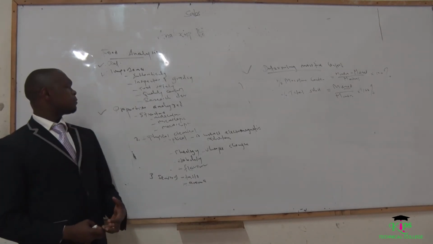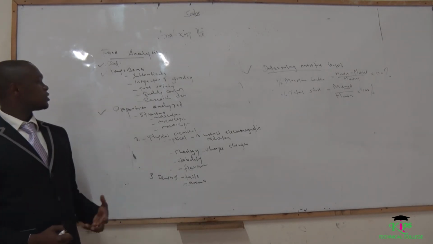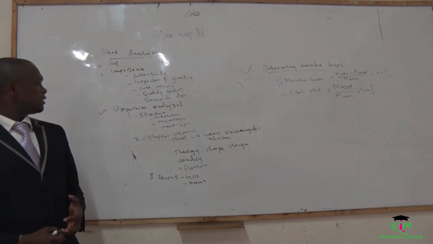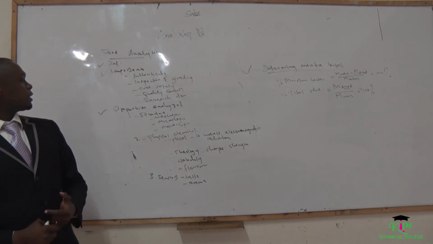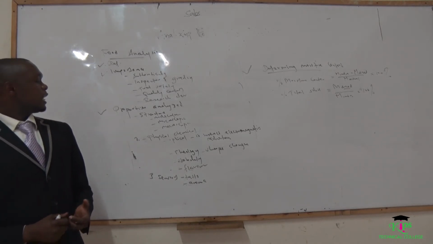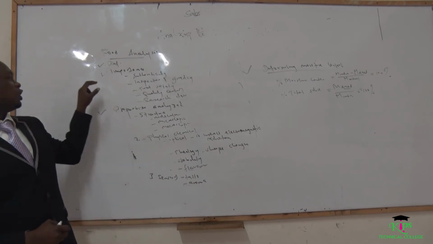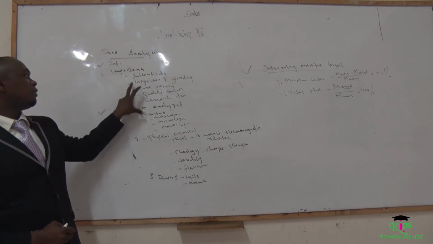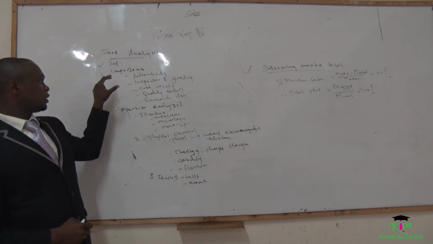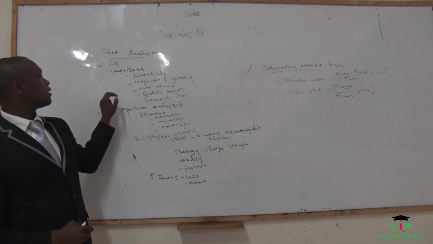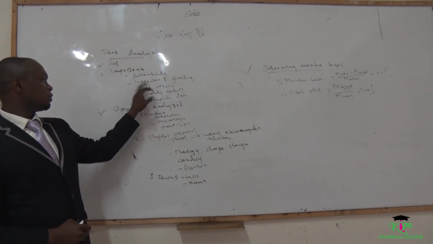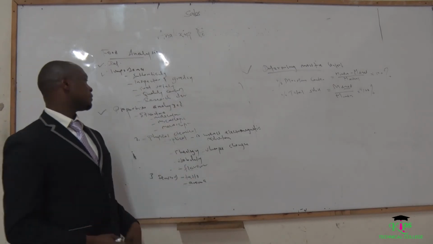Now, what are the properties we normally analyze in the food? We analyze various properties in the food to help us achieve the values we have mentioned here: authenticity, inspection and grading, food safety, quality control, and research and development.